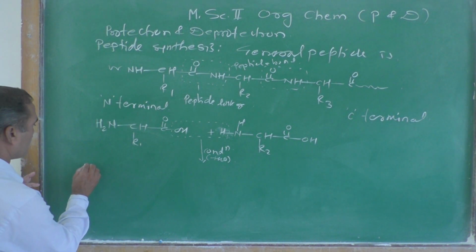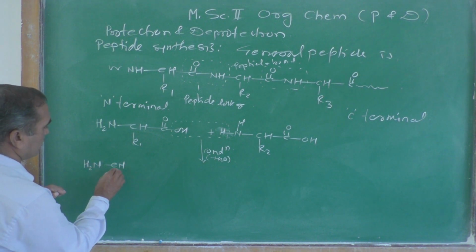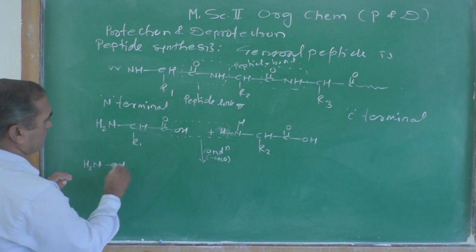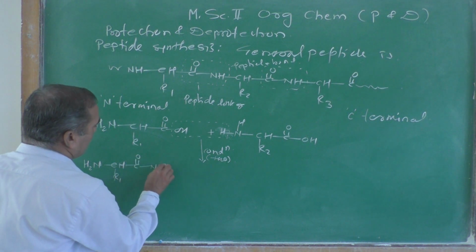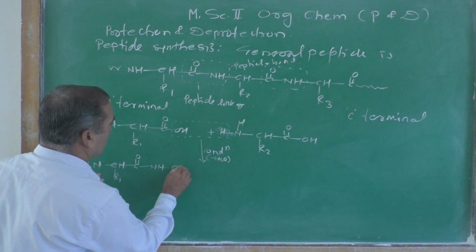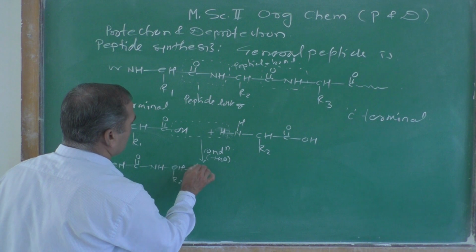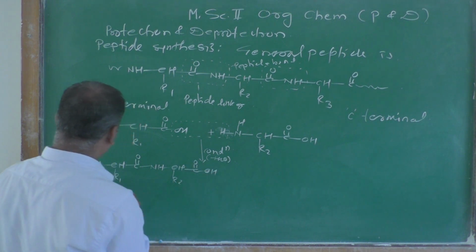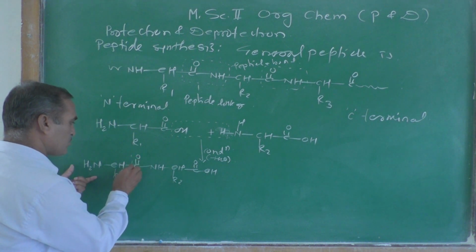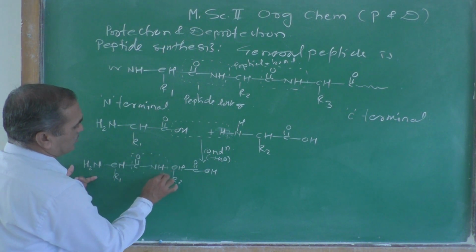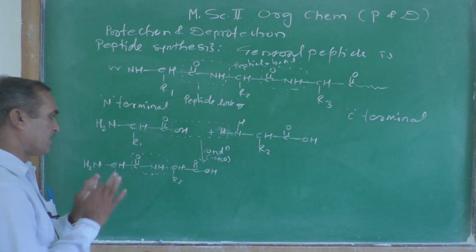You get H2N, CH, R1, then C=O, then NH, CH, R2 and C=O, OH. The NH2 group is free, the carbonyl group is free, and this bond formed is the peptide bond, or peptide linkage.